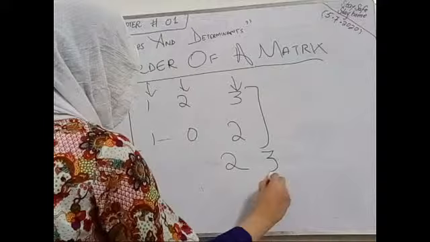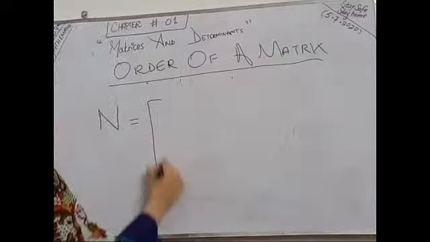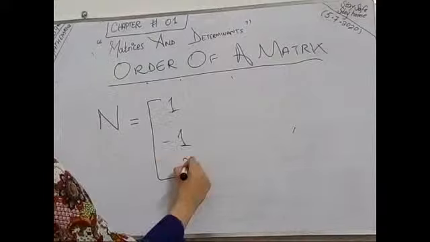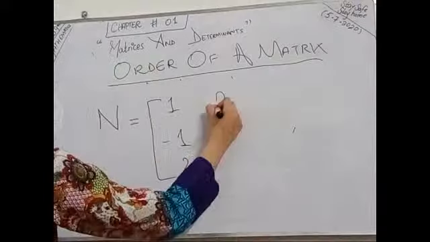Let's take another example. First of all, we take another matrix. Matrix N, and it has 1, -1, 2, 2, 1, 3, 4, 0, 6. Now we have to find out the order of this matrix N. अब इसका ऑर्डर हमें कैसा निकालना है?